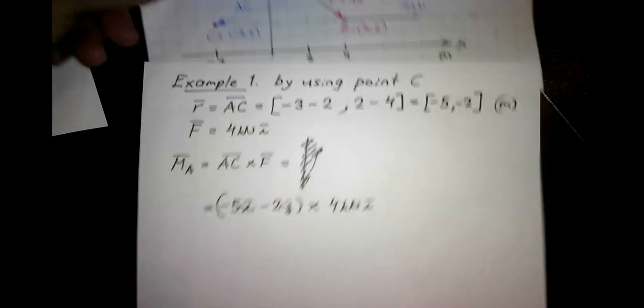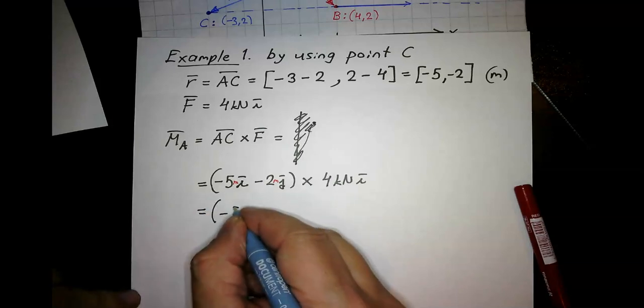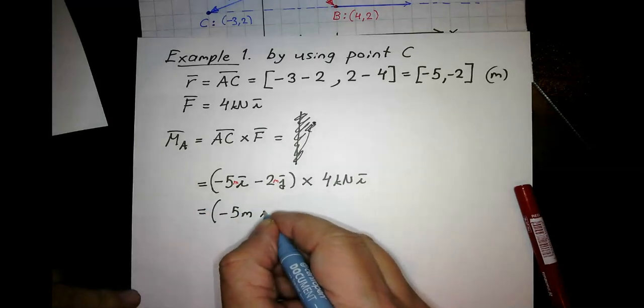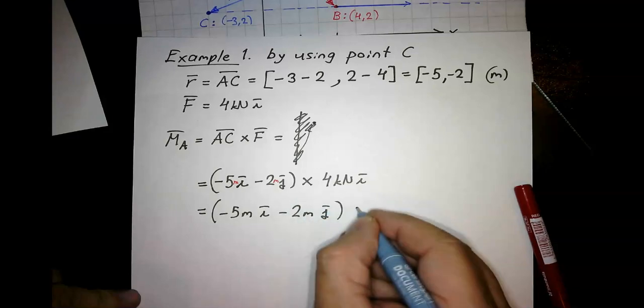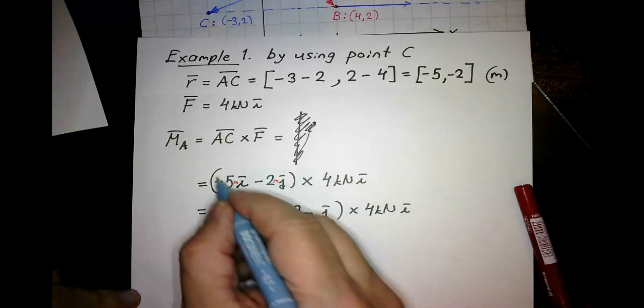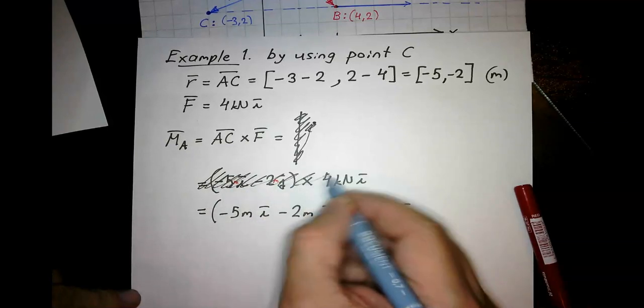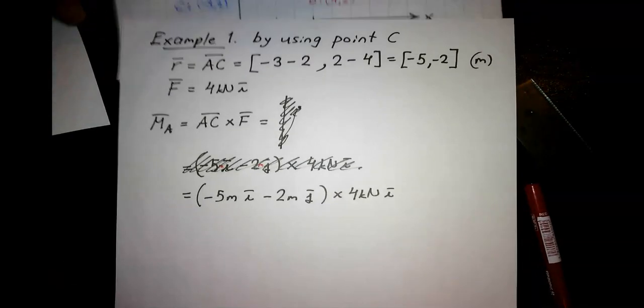So -5 meters i -2 meters j cross 4 kilonewtons i. Sorry about my nasty notes.